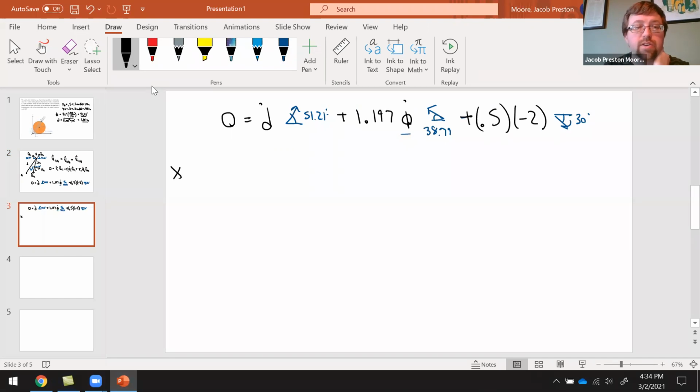In the x direction, overall velocity must be equal to 0. So it's d dot cosine 51.21 degrees.